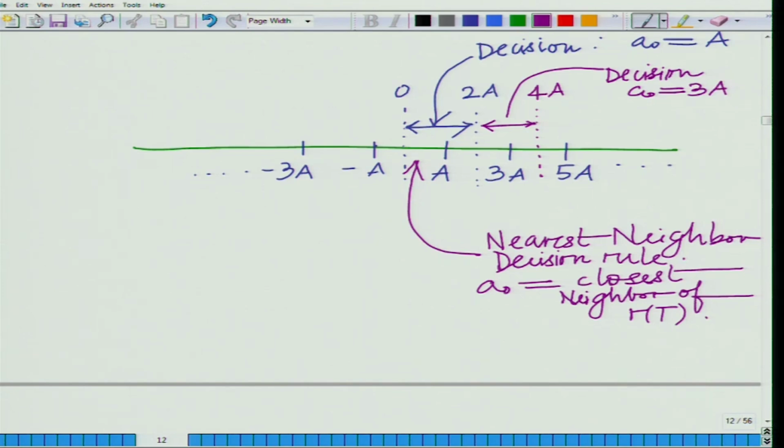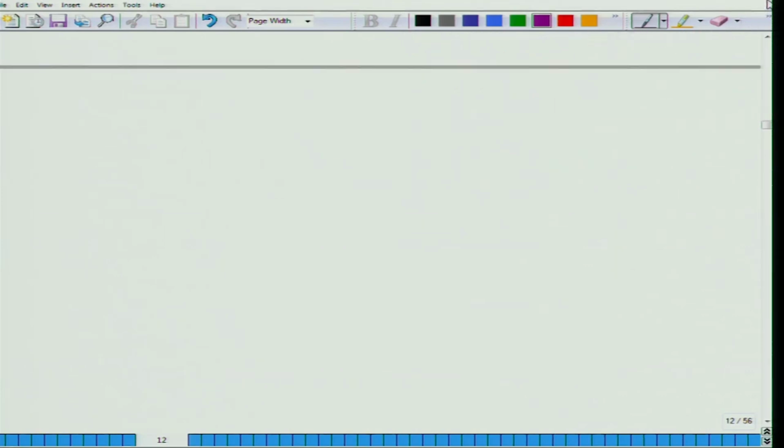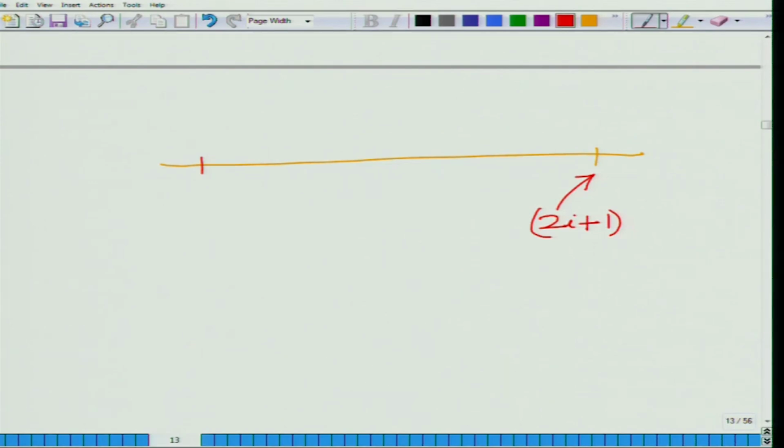Okay. Now, at the end point something interesting happens. There are two end points. This corresponds to, of course, 2i plus 1 times a, where i equals m by 2 minus 1.